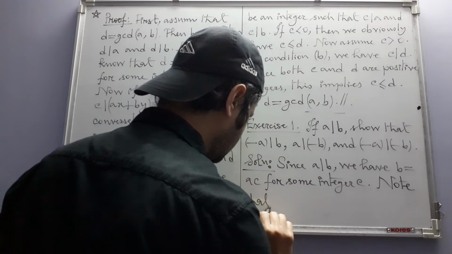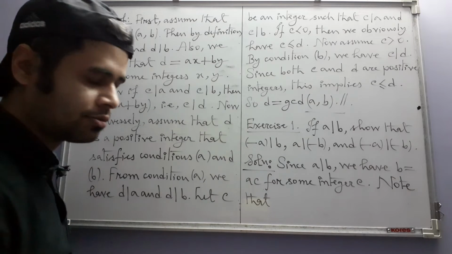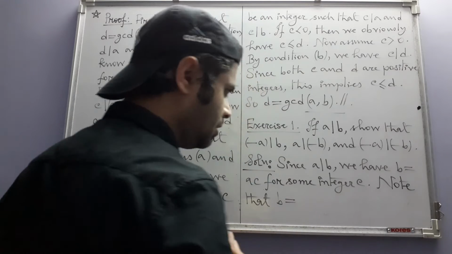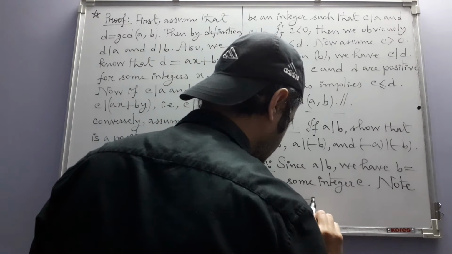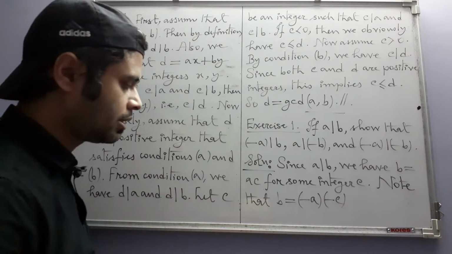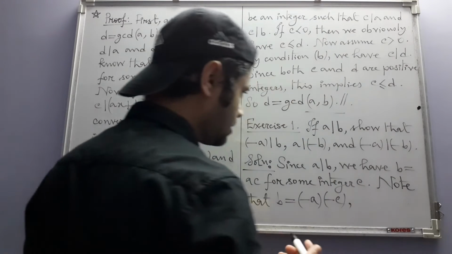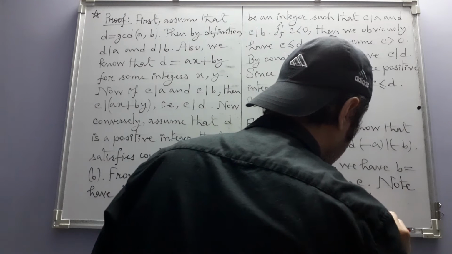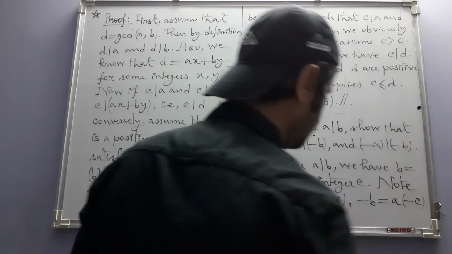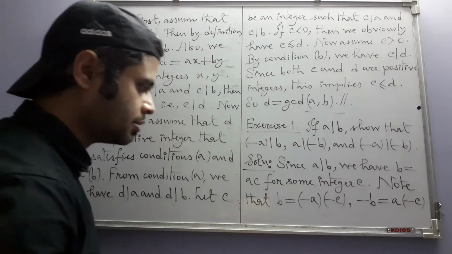Note that in the first one we have been asked to show that minus A also divides B. So B can be written as minus A times minus C. Just like C is an integer, minus C is also an integer. Just like that, minus B can be written as A times minus C. Multiply both sides of this equation by minus 1, you will get this.